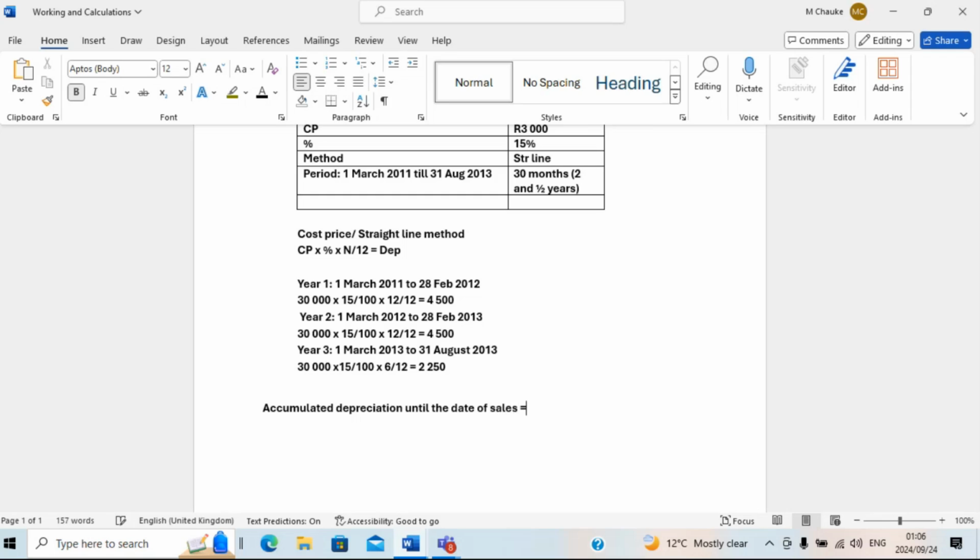So it's going to be equal to depreciation for year 1 plus depreciation for year 2, which is 450 as well, plus depreciation for year 3, which is 2,250, right? So how much is it there?